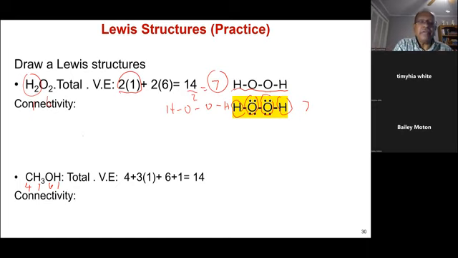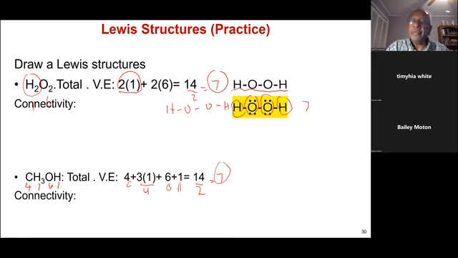When you add 4 plus 3 times 1 plus 6 plus 1, this is carbon, this is hydrogen, this is oxygen, this is hydrogen, so you get 14. 14 divided by 2 is 7, just like that one.